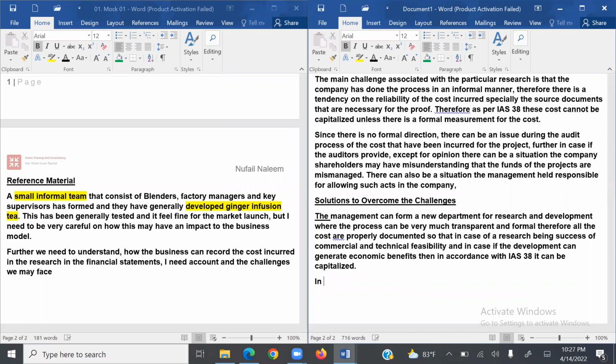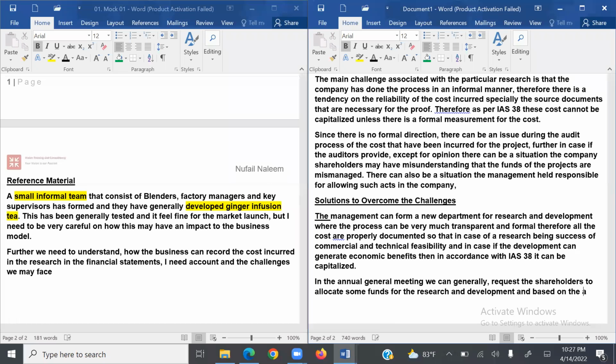And the other one is in the annual general meeting, we can generally request the shareholders to allocate some funds for the research and development, and based on the acceptance, we can invest in new projects, and therefore the audits can be transparent, and also the shareholders' confidence can be enhanced.